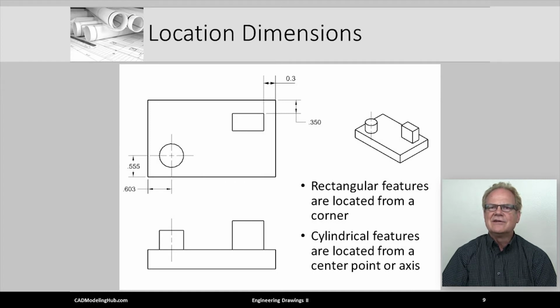So any cylindrical type feature is generally located with respect to its center point, and any square, rectangular, or quadrilateral shape feature is located with respect to one of its corners.